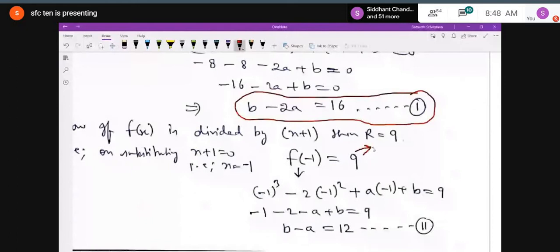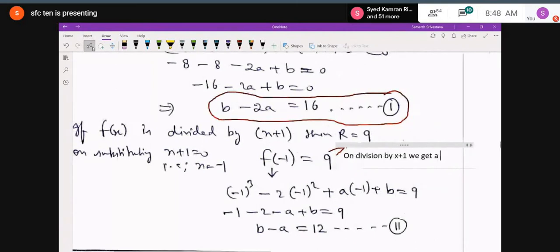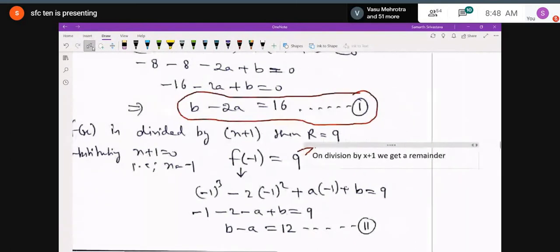That is the remainder, because f of a is equal to r, I told you. So in this case, when you substitute x equals minus 1 in the given function, you will get minus 1 cube minus 2 into minus 1 square plus a into minus 1 plus b.